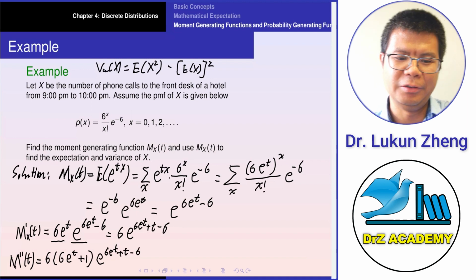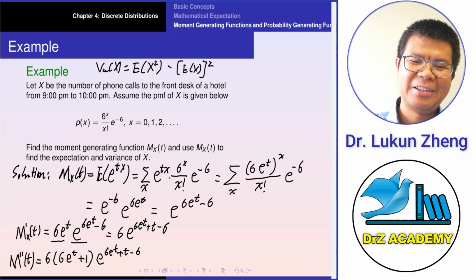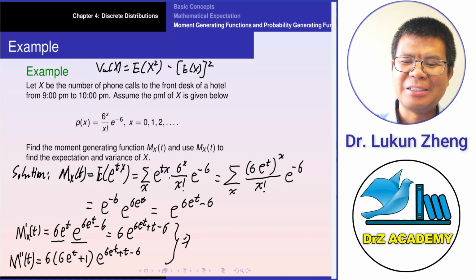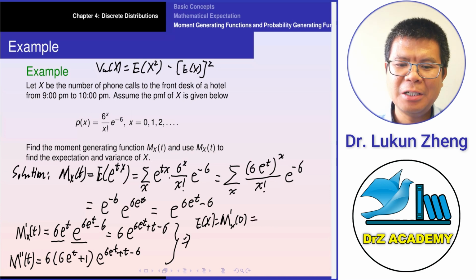That's the second derivative. So from this we can find that the expectation of x is M prime at t equal to 0.